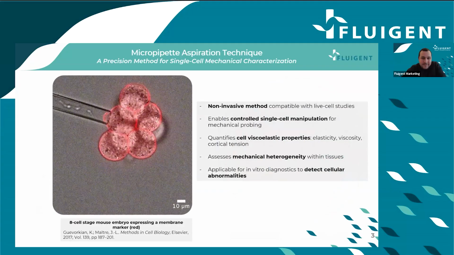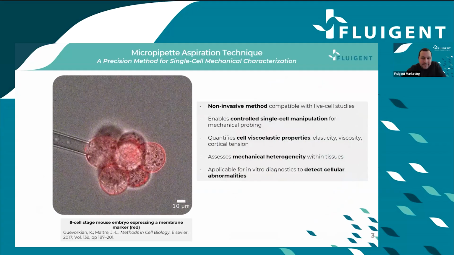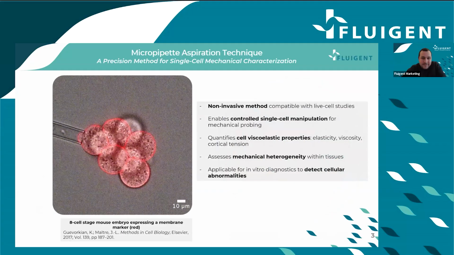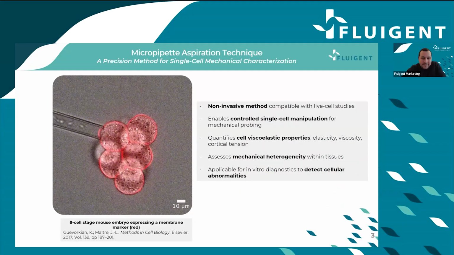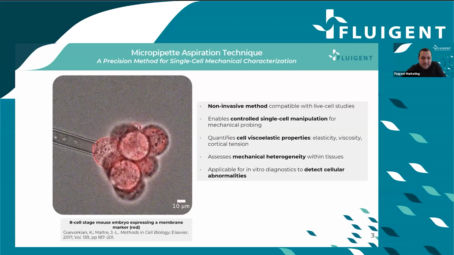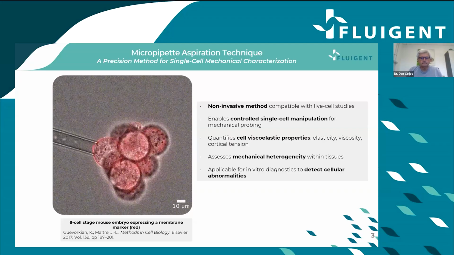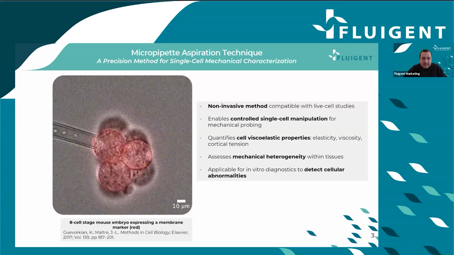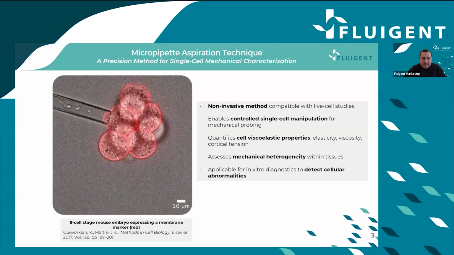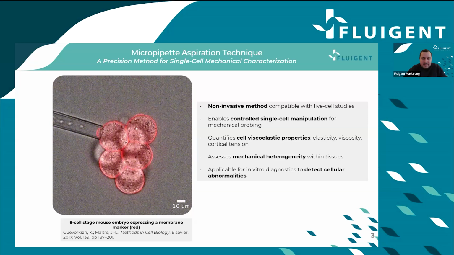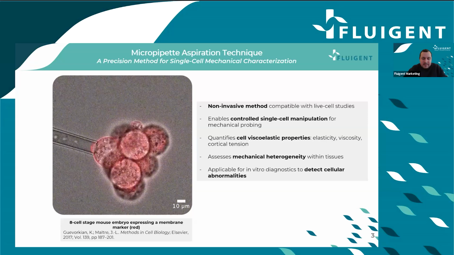A controlled suction pressure is then applied, and part of the cell is drawn into the pipette. By varying the pressure, we can measure how much the cell can deform and extract parameters. This technique, as you can see, is not invasive. It can keep cells viable and provide real-time, reproducible measurements of single cell mechanics.